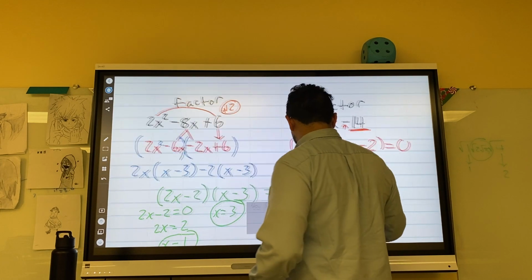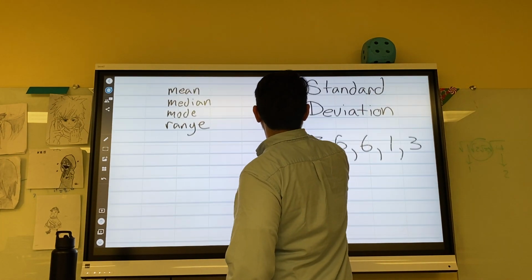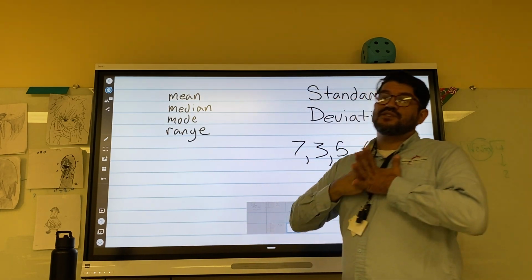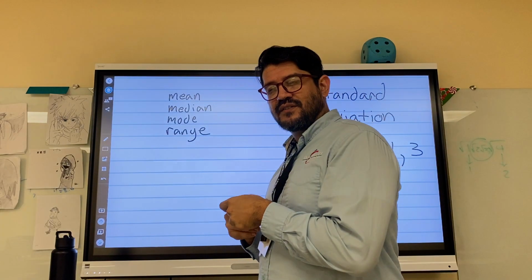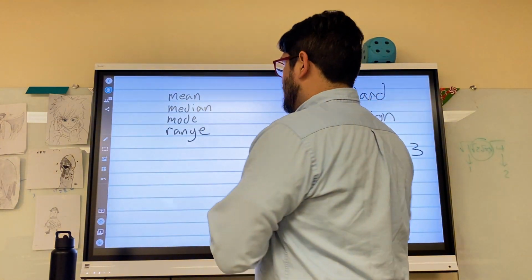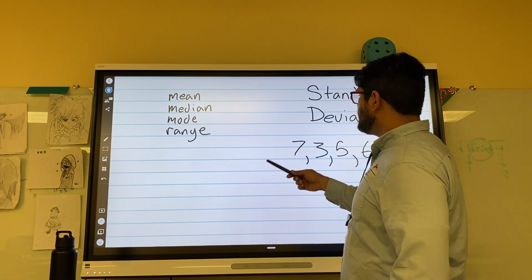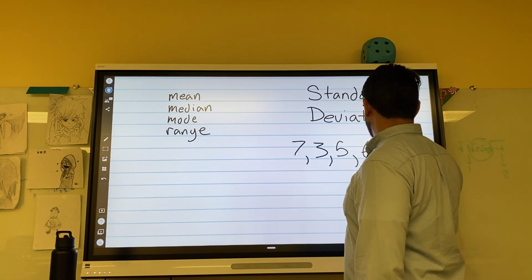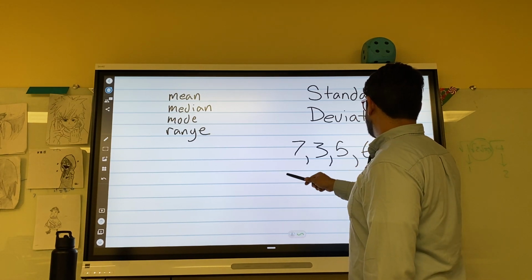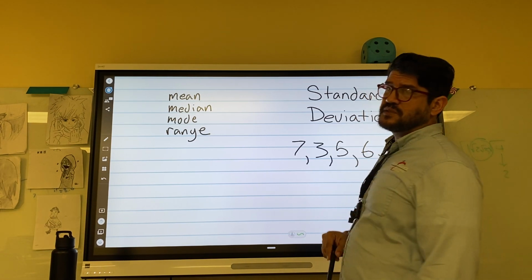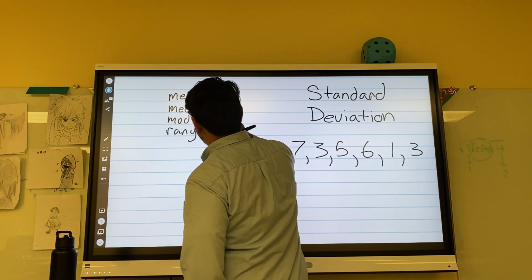Let's see if we have more here. We do. So, standard deviation, which is really just mean of absolute deviation, but with the absolute deviation being squared, and then you find the mean of that and then square root it at the end. So, the mean here, if I add these up, 15 plus 7, that's 22, 24. 24 divided by 6, the mean is going to be 4.